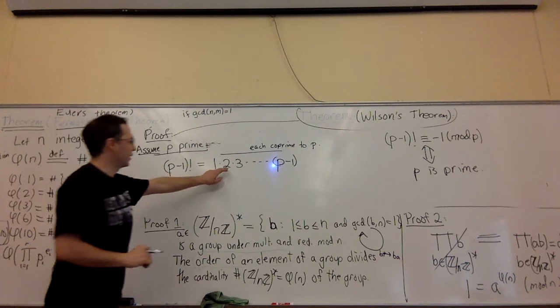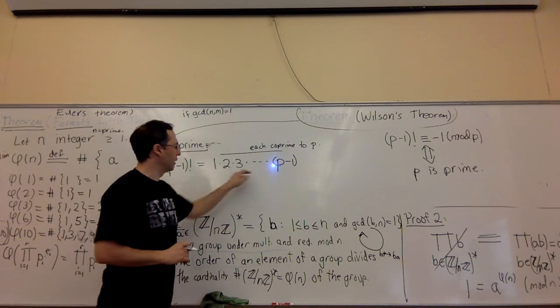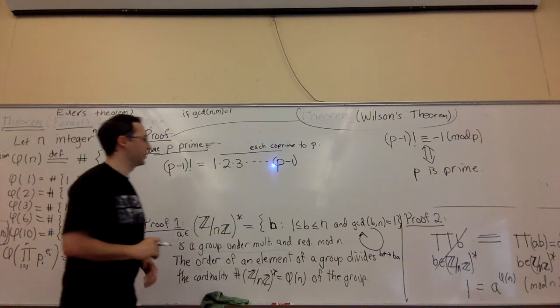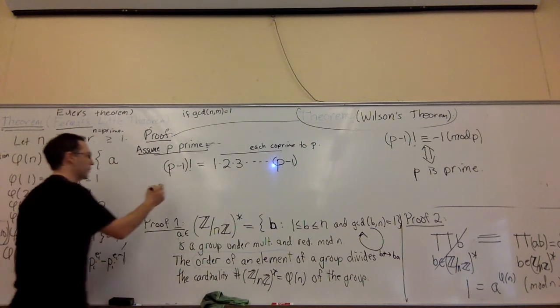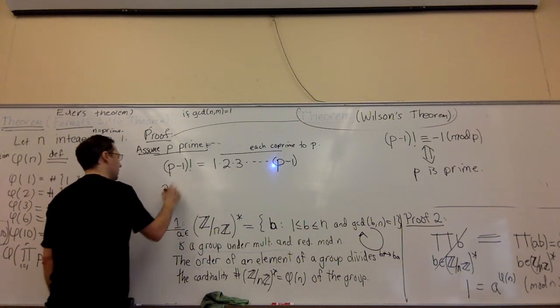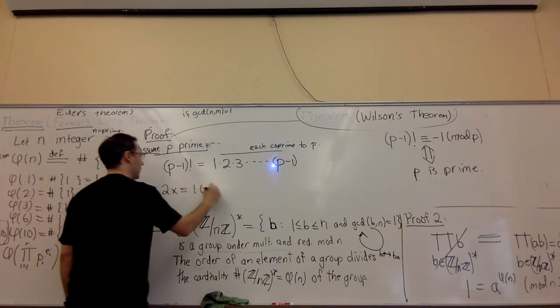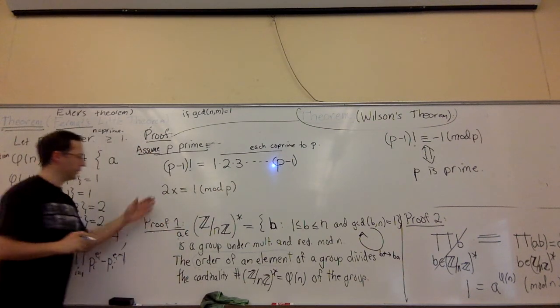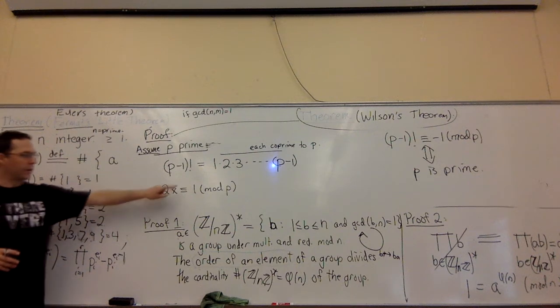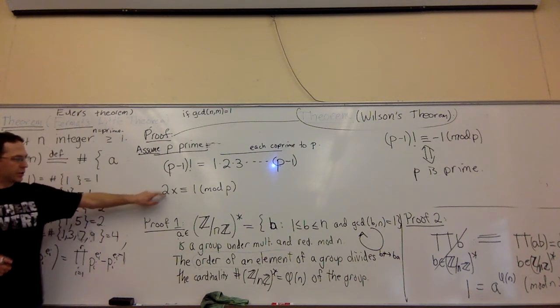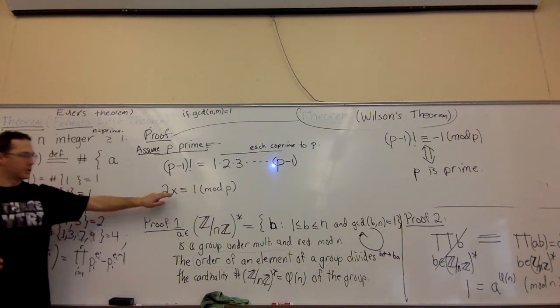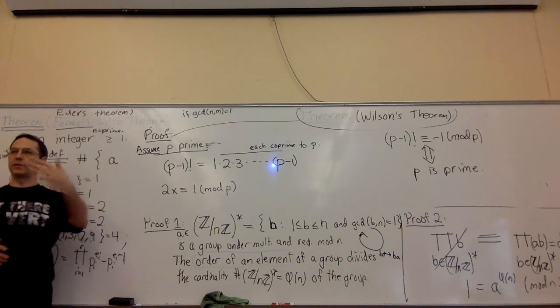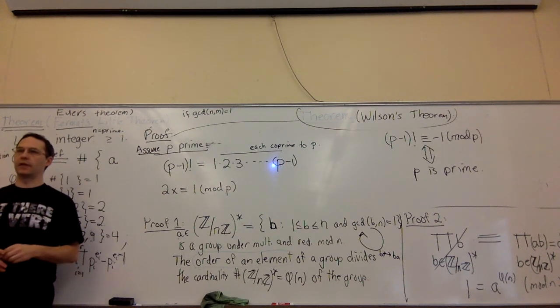If you take a number here like 2, there's some number in here such that 2 times it is congruent to 1 mod p. Because 2 times x congruent to 1 mod p is a linear equation mod p, and because 2 is coprime to p, it has a solution. And again, I believe that you saw that using the extended Euclidean algorithm.